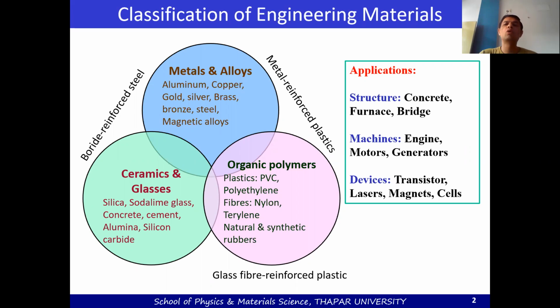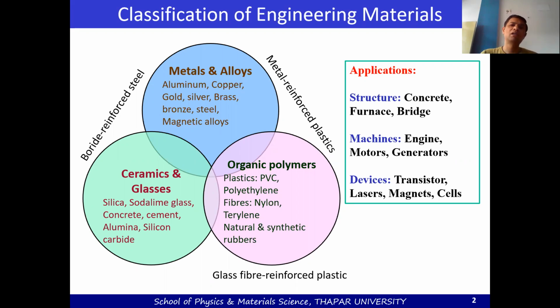Any material that goes into the design and making of a structure belongs to the structural class. For example, concrete or a furnace or a bridge goes into the making of a structural entity, so they belong to the structural class. Likewise, if your object has a moving part, then it refers to a machine, and you can have motors or generators as examples of this class of material.